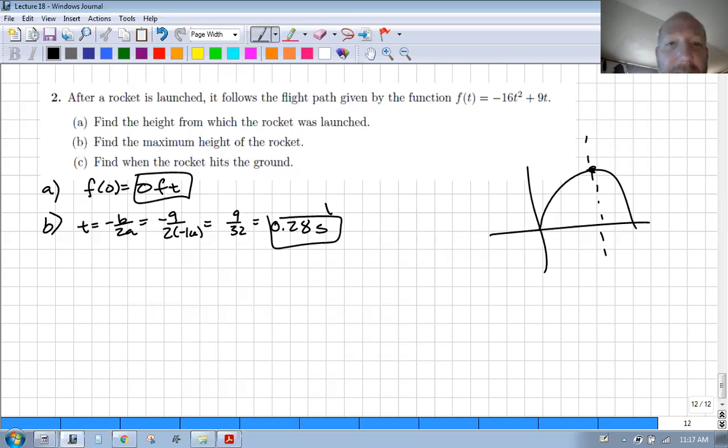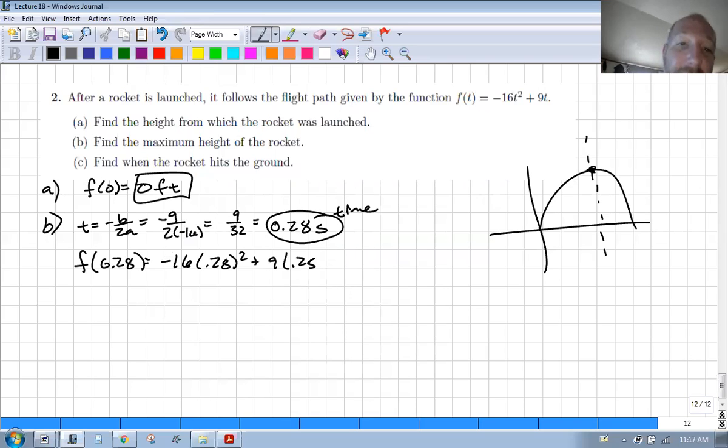So that's not the height, that's the time. Maybe I should put a circle around it instead of a box. It's the time at which it's at its maximum height. So F here, which gives the height, we'll just plug in 0.28. So we have negative 16 times 0.28 squared plus 9 times 0.28. Which is, let's see, 0.28 times 0.28 times 16, negative 1.254.